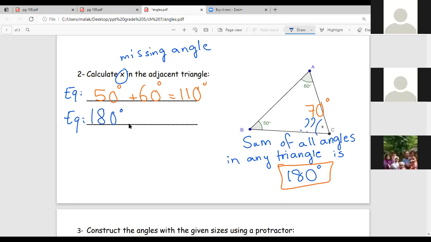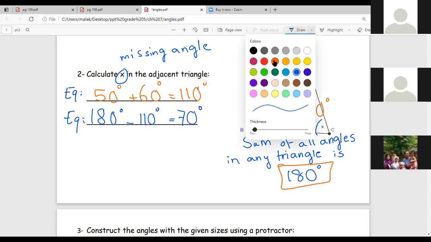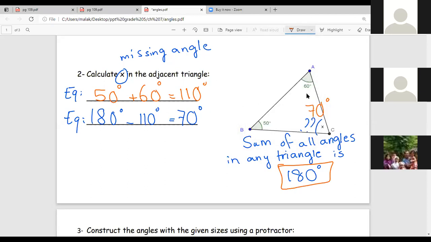180 minus 110, because I am counting, what remains is subtraction. Yes, exactly. So always to find the missing angle, the first step is to add the 2 given angles, then subtract it from the total, which is 180. So the answer is x equals 70 degrees.